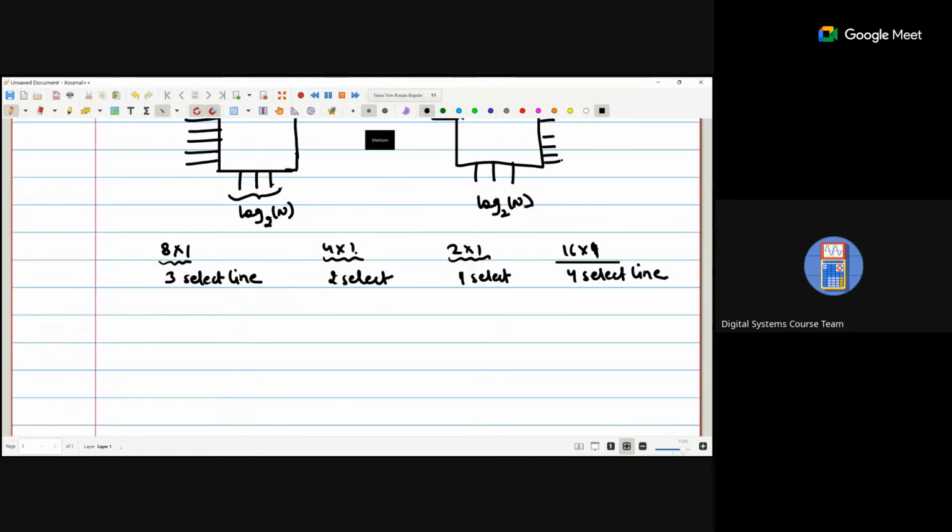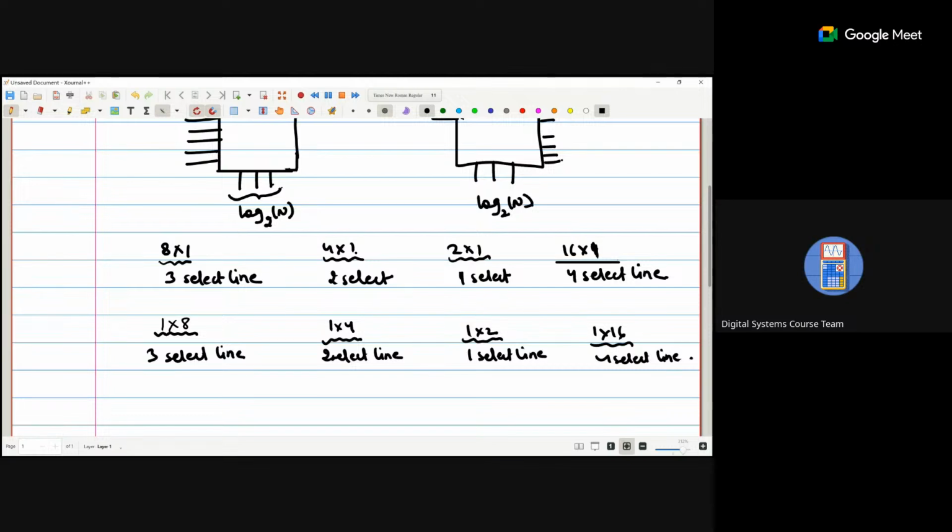Demux: 1 cross 8, 3 select lines; 1 cross 4, 2 select lines; 1 cross 2, 1 select line; 1 cross 16, 4 select. Basically these two devices are used for multiplexing, that's why they are called multiplexers and demultiplexers.